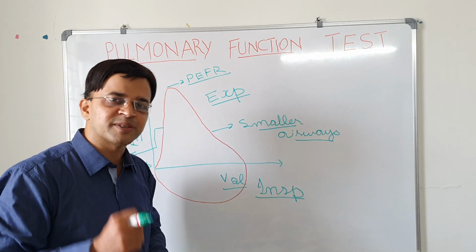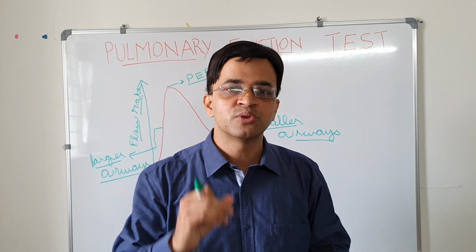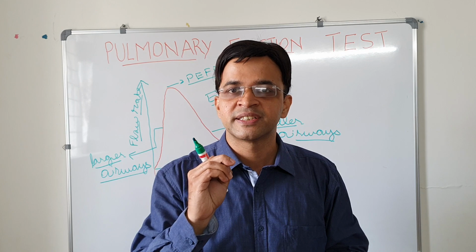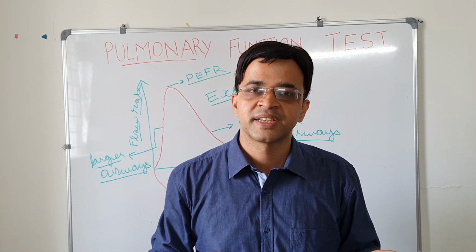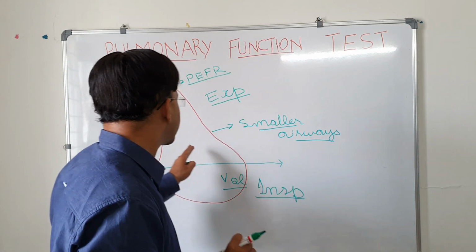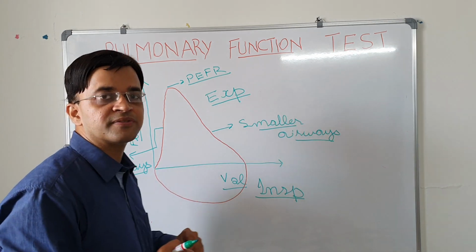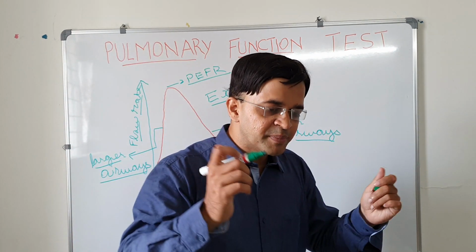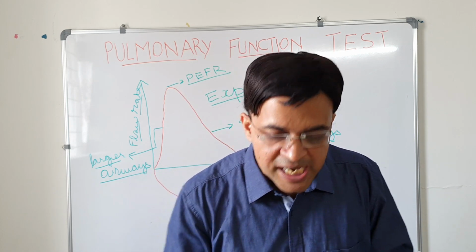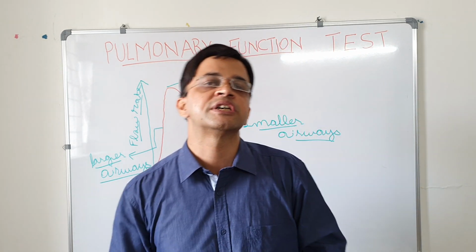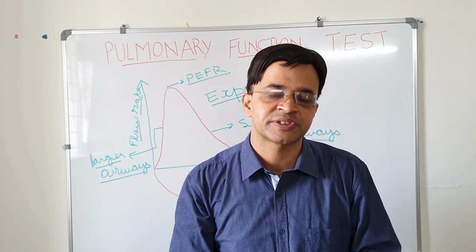Right? Now there are some very interesting, very mechanical points which we have to focus on from here. So you just think and tell me, in asthma, where exactly will we have a problem in this graph? Okay, let me ask in some other manner. In asthma, is the major obstruction to airflow in inspiration or expiration?